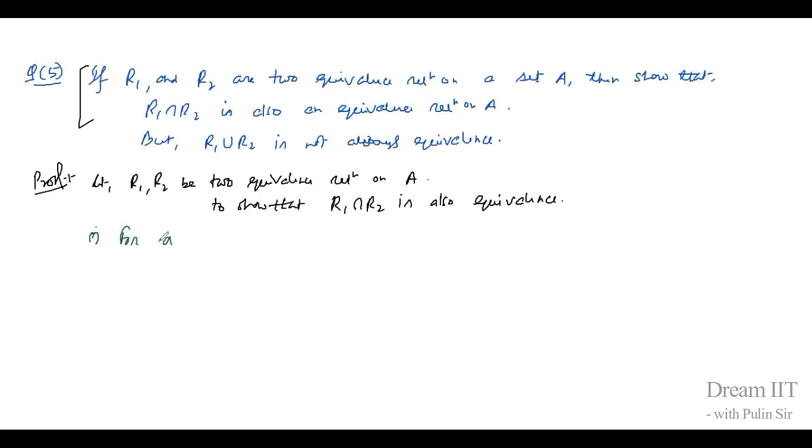For A comma A belongs to... sorry, do not start with A comma A. You start with A. Yeah, very good. For any element A belonging to the set A, you can say that A comma A belongs to R1 and A comma A belongs to R2.